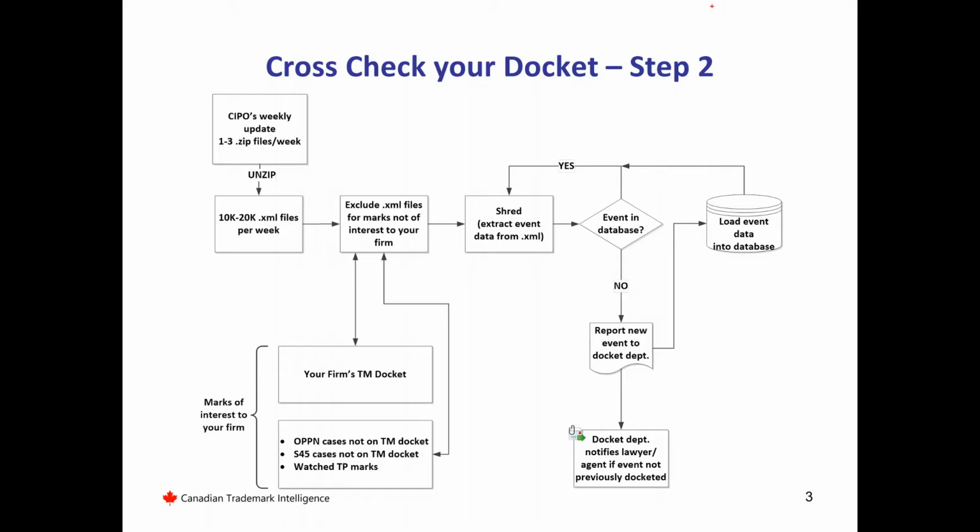Most of the time, your docket department is going to ignore the notification because they're already aware of the action event. For example, because they've received and docketed a piece of correspondence reflecting that event. But CIPO correspondence sometimes gets misdirected, and those are the ones that this system will catch.